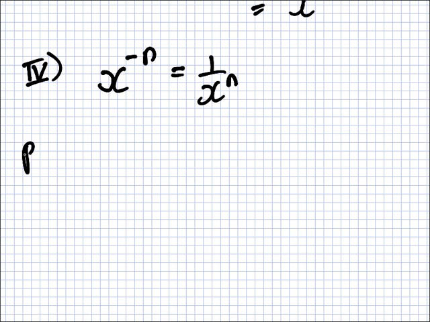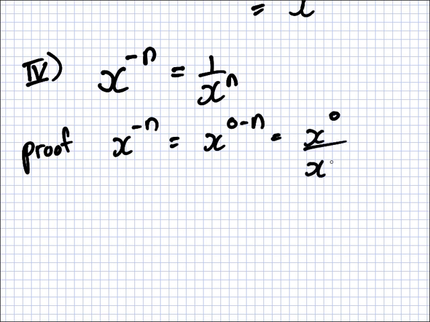The proof: x power minus n equals x power 0 minus n, which equals x power 0 over x power n, which equals 1 over x^n.